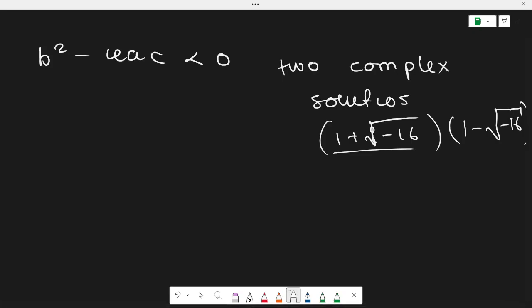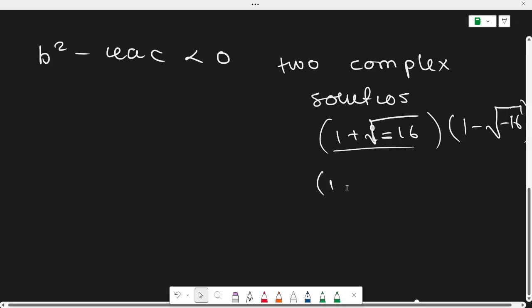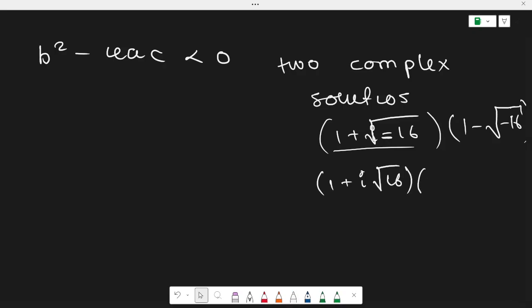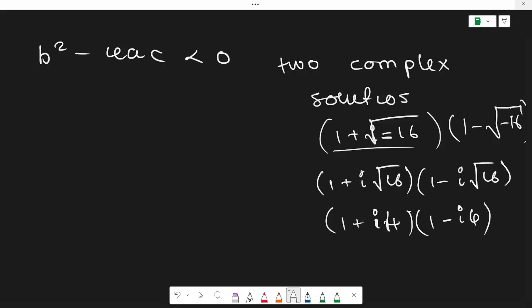It's not a real solution because you've got a negative inside the square root, and we know that this can be written as root of 16 times root of negative 1, which can be simplified. Okay, so this makes it complex. It's not a real solution.